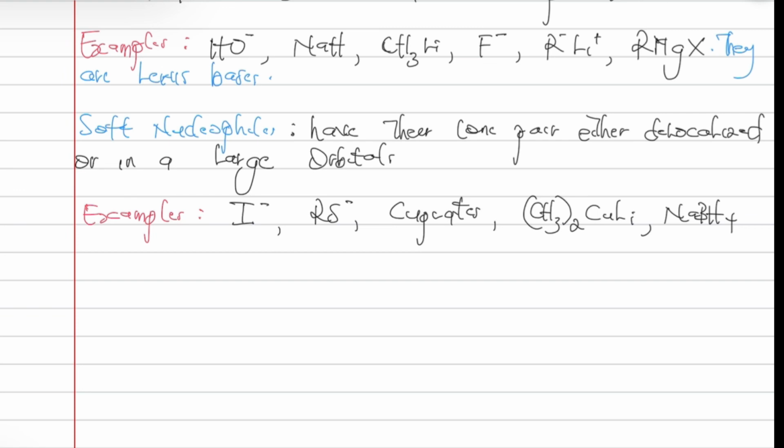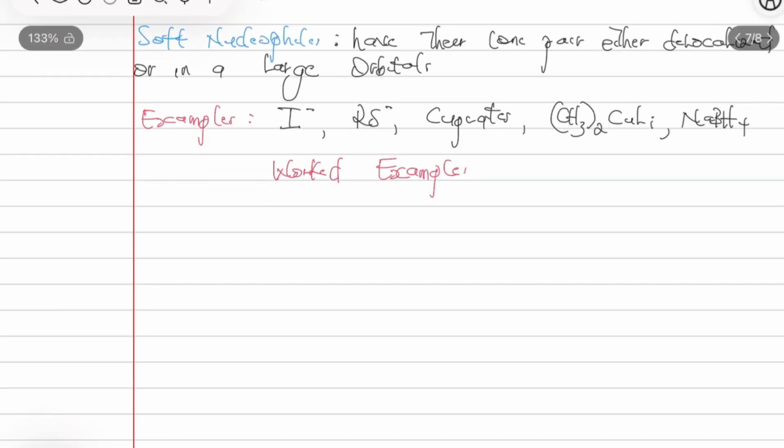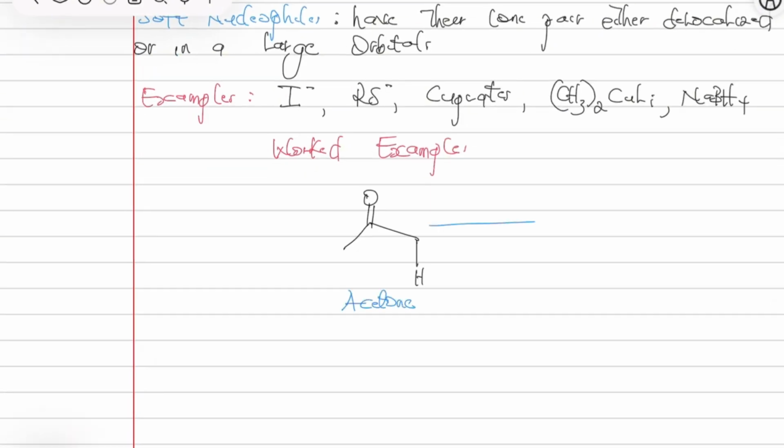What differentiates the soft from the hard nucleophile is that soft nucleophiles are characterized by large orbitals, and their lone pairs are delocalized in the molecule, unlike the hard base, where it is localized on the molecule. With this, in a reaction with a nucleophile or an acid, we can predict the chemoselectivity of the reaction. So let us consider some worked examples.